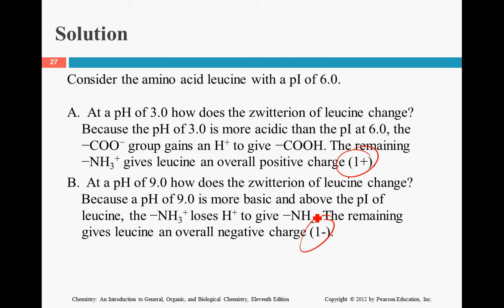As I said before, it might be cumbersome to try to think your way through every single time. However, you could just memorize the fact that if it's a low pH, it's going to be positive. If it's a high pH, it's going to be negative. That might be easier for you to do. And that is how amino acids react in acids and bases.